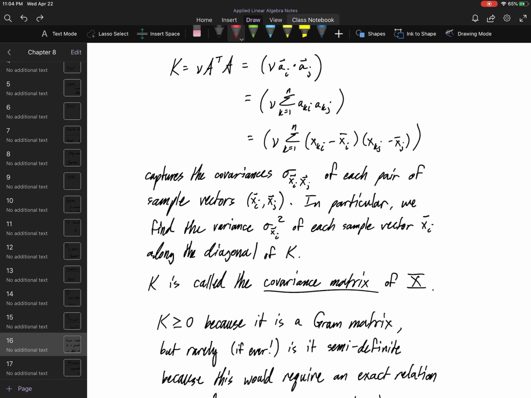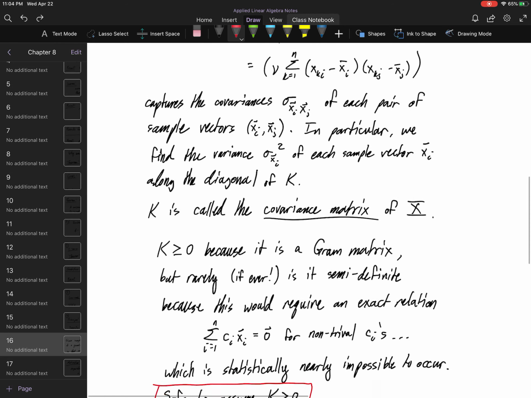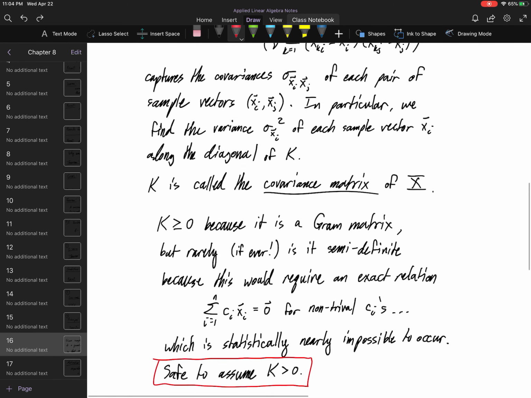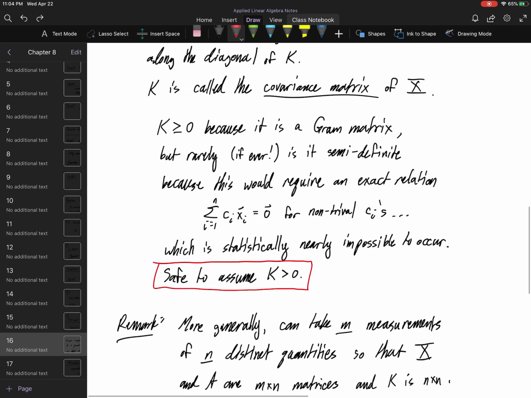Now, it is defined as a Gram matrix. This is A transpose times A, so we're going to get a whole bunch of Euclidean dot products in here. But Gram matrices can be either positive definite or positive semi-definite. In a statistical setting, it is almost never the case that you don't get a positive definite matrix.